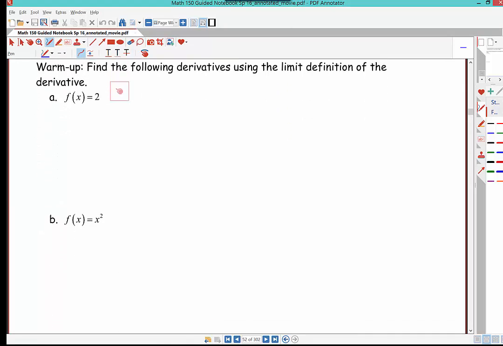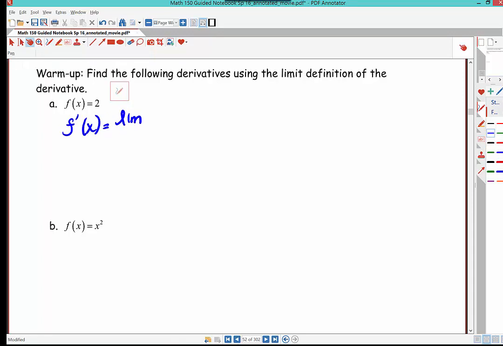Alrighty, let's see how you did. So this first one, sometimes I think of it as so easy, it's hard. Let's get started. We know that f prime at x is equal to the limit as delta x approaches 0 of our function.